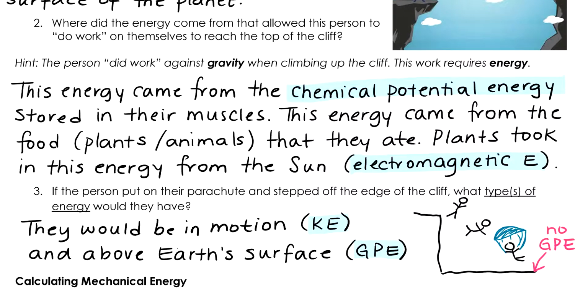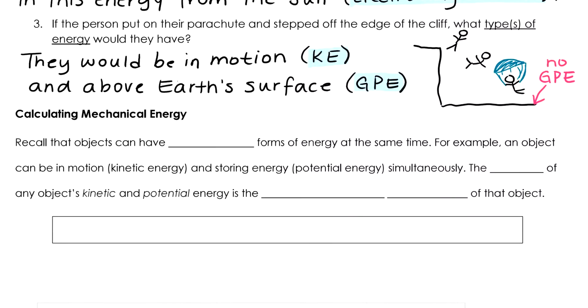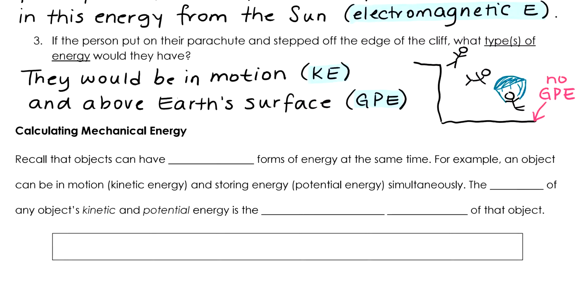Okay, let's move on to today's lesson where we can explore kinetic and potential energy in more detail. Starting with a recap from last time when we discussed mechanical energy, you may recall that objects can have multiple forms of energy at the same time. For example, an object can be in motion, meaning it has kinetic energy, but it can also be storing various forms of potential energy simultaneously.